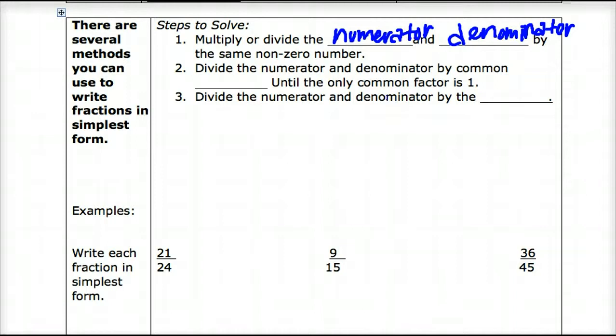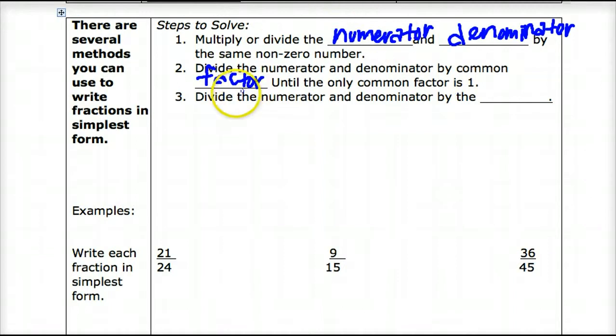So the second step that we're going to be dealing with is dividing the numerator and denominator by a common factor until the only common factor is 1. So you must have your fraction where no number will divide evenly into top or bottom. It is in the lowest form that it can possibly be.